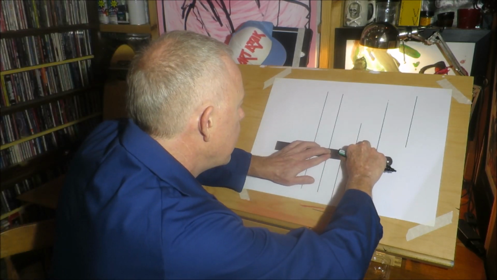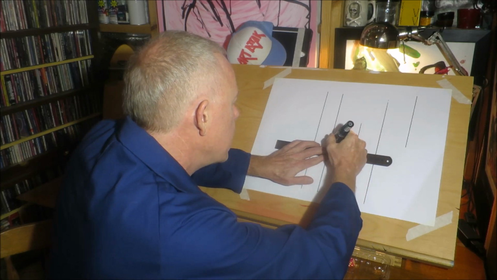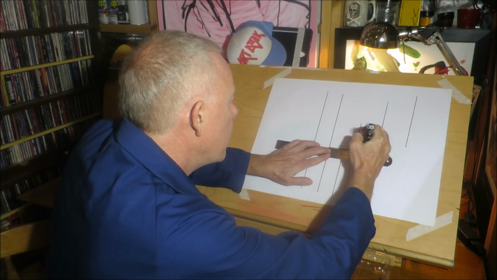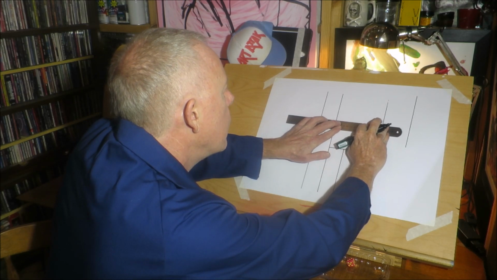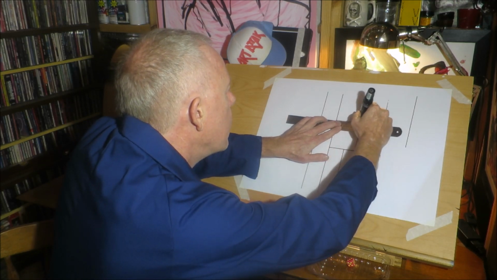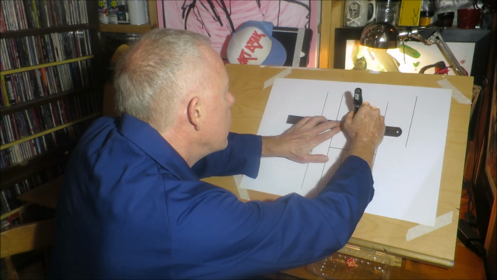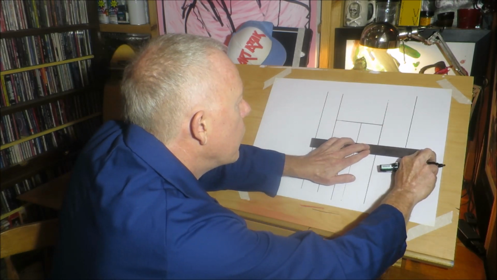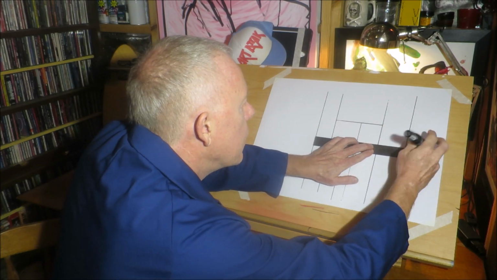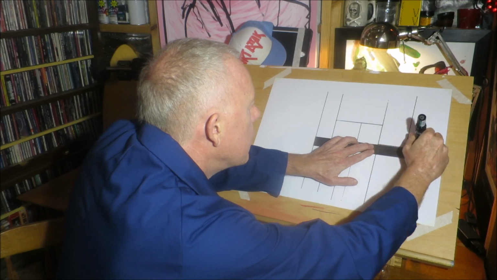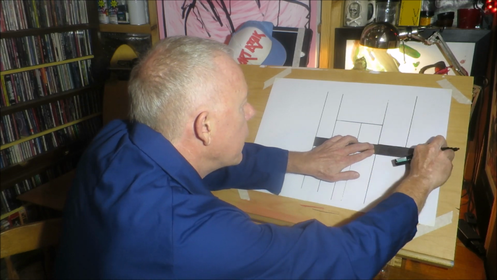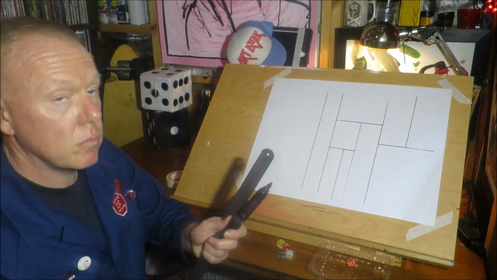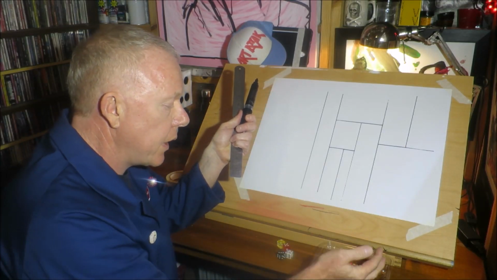So I'm going to pop a line across there. 1. 2. Let's go one here. 3. Starting to take shape. Let's roll it again.